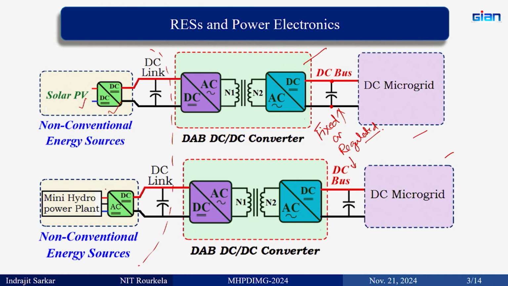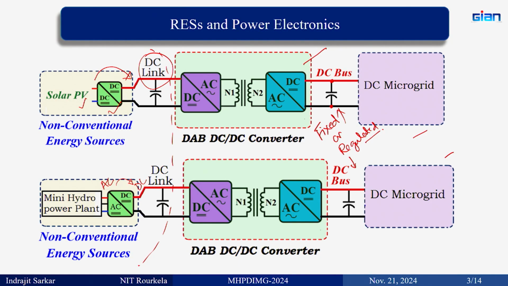When there is a mini hydro power plant, you have AC and then DC, so there is an AC to DC conversion. Here also it is DC to DC conversion. Now, for power to be extracted at MPP, the criterion is that this DC link voltage must be regulated.